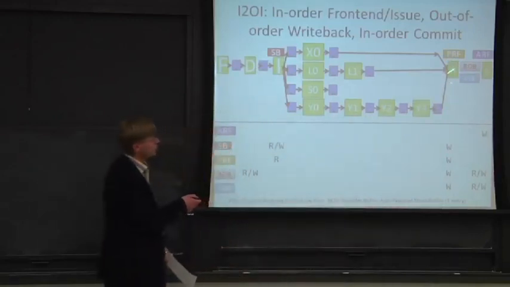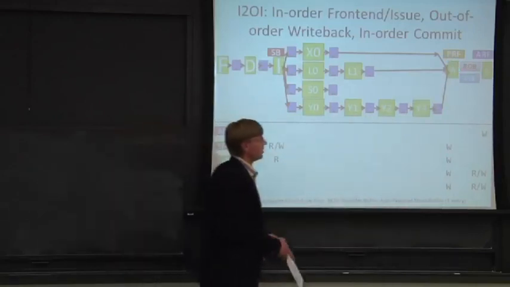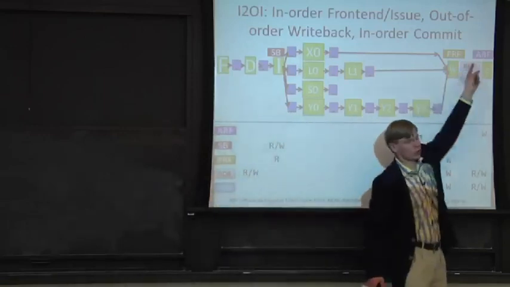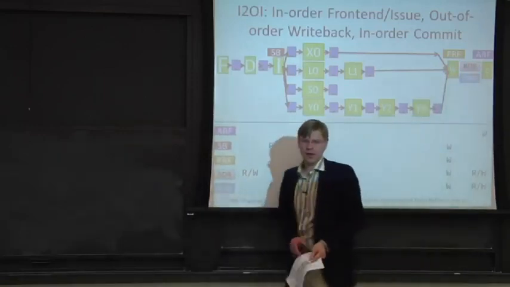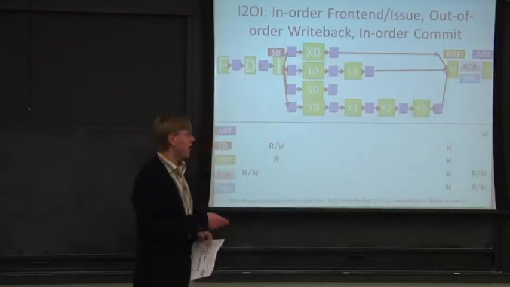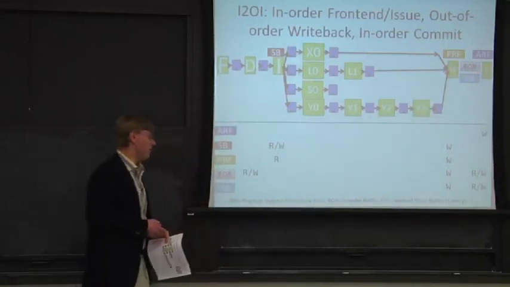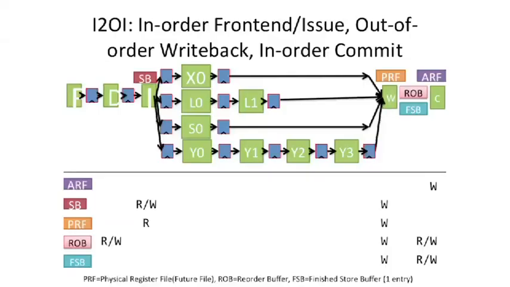OK, we added 2 other structures here, something we call a ROB, or a reorder buffer. And we added a finished store buffer. So let's talk about the reorder buffer first. So in this pipeline, we actually want instructions to basically execute and write the physical register file out of order.